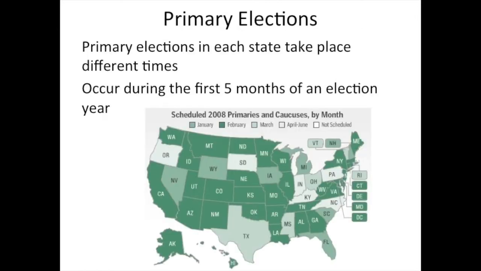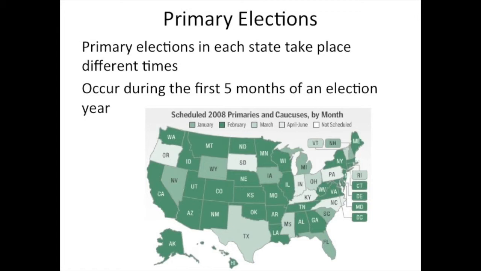Let's discuss the primary just a little more with our attention towards the presidential primary. I mistakenly said in a previous class that primary elections take place in May, but that's not always the case. Primary elections take place during different times, depending on the state, during the first 5 months of an election year.